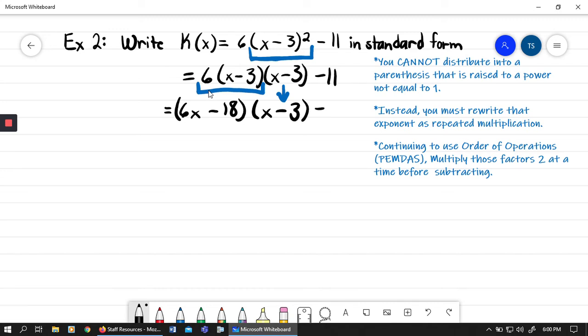We still do not subtract anything yet. Bring down the subtraction in part 2, because you're not going to subtract anything until you finish multiplying. Alright, so now we're going to multiply these two.